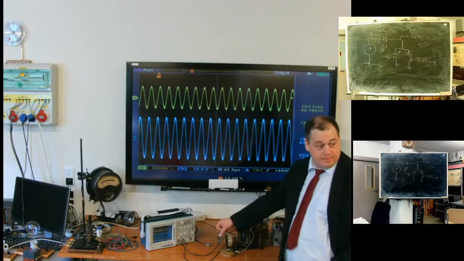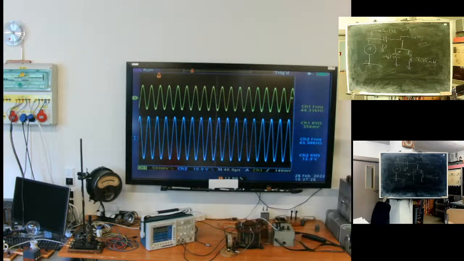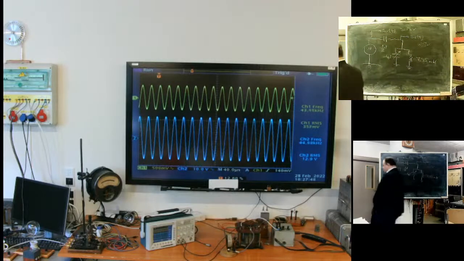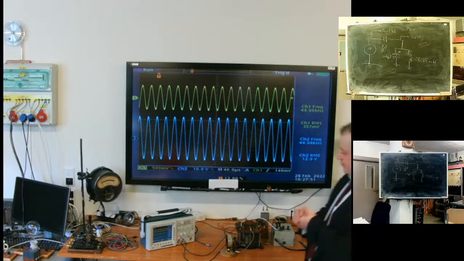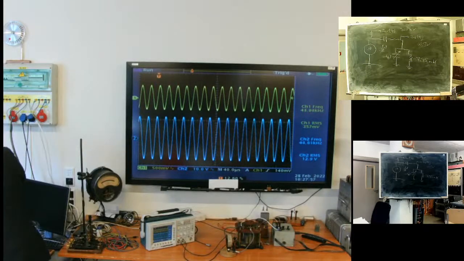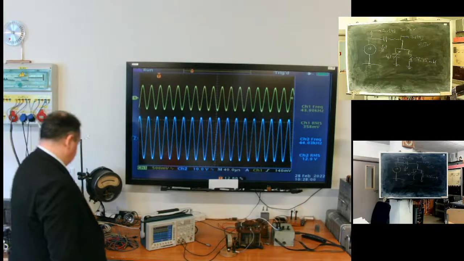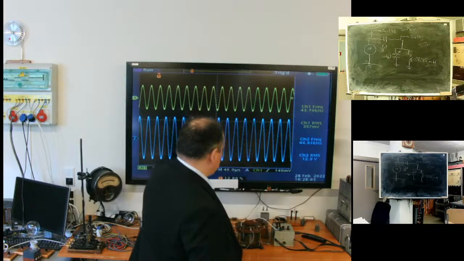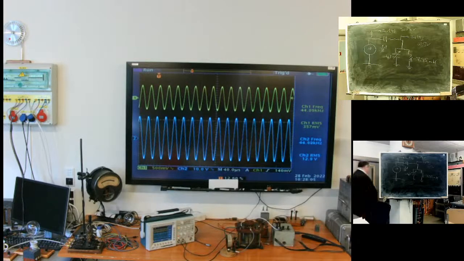And you see, the effect disappears. What can we say? It depends on capacitance, it depends on inductance, and it very strongly depends on frequency. Isn't it? So, we need to understand what's going on.